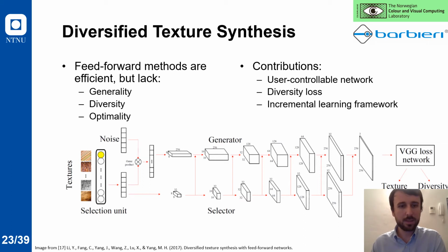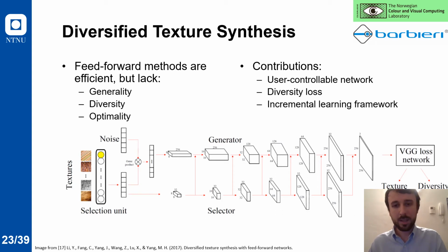This network essentially takes into account a certain one-hot encoded selection of texture, a vector that permits the user to select which type of texture one wants to generate.